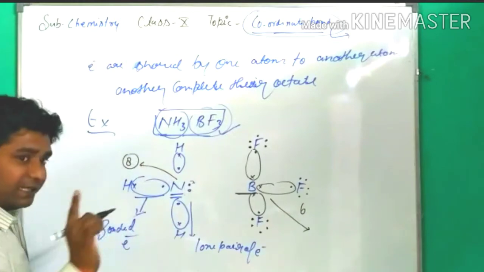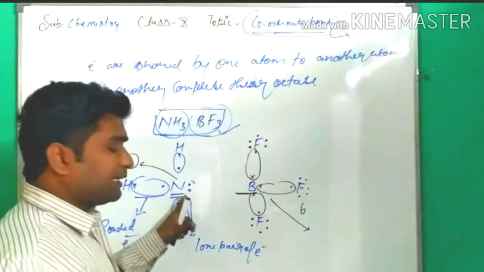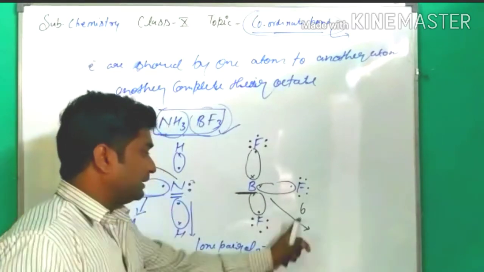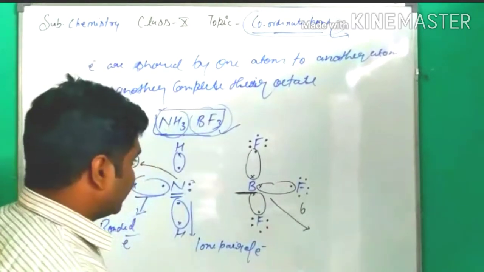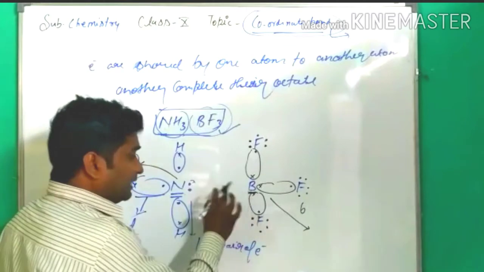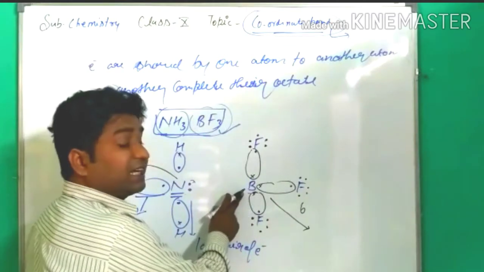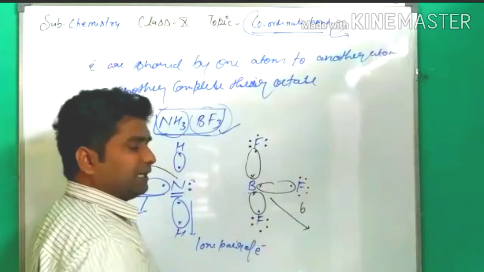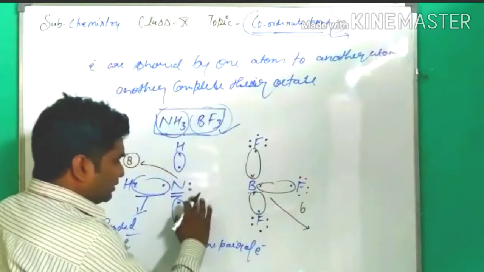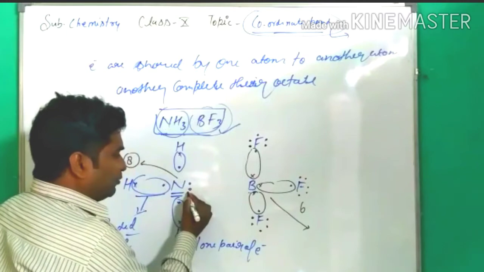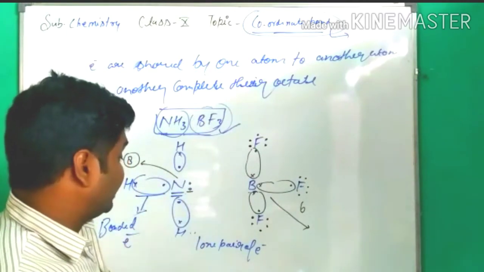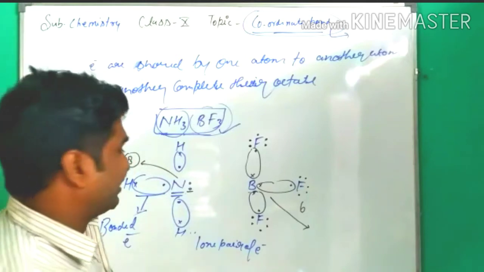So you can say nitrogen completes its octet, but boron does not complete its octet. Okay, students, so that is why here 2 electrons are required to complete the octet and get stable. So nitrogen contains 2 unbonded electrons, that means a lone pair of electrons.